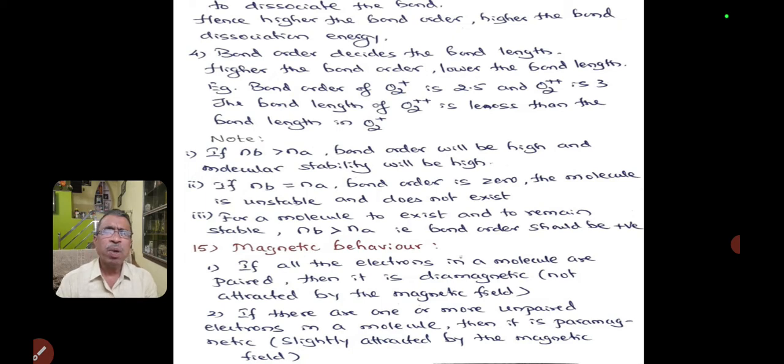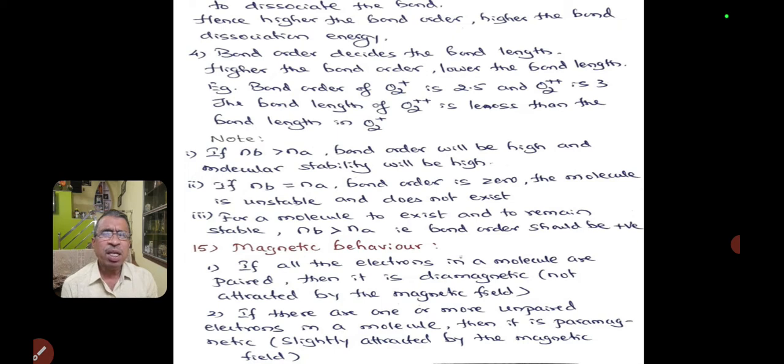If the number of bonding electrons is equal to the number of anti-bonding electrons, the bond order is 0, the molecule is unstable and does not exist. For a molecule to exist and to remain stable, the number of bonding electrons must be greater than the number of anti-bonding electrons.